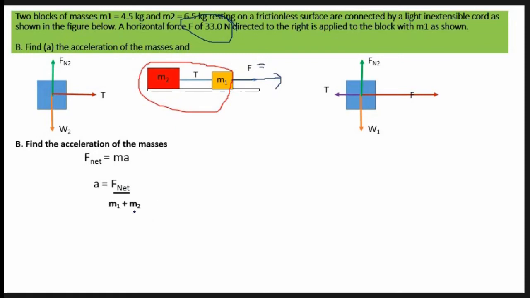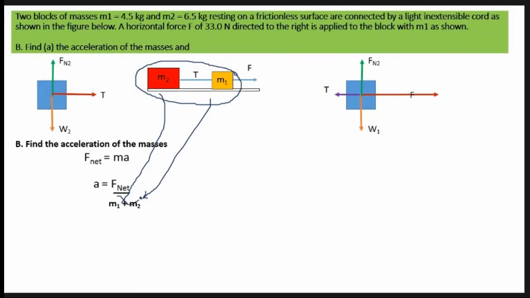Because it will no longer be mass 1 or mass 2, but we will have the entire system. This mass 1 and mass 2 will be the entire system, so we have to add all their masses.